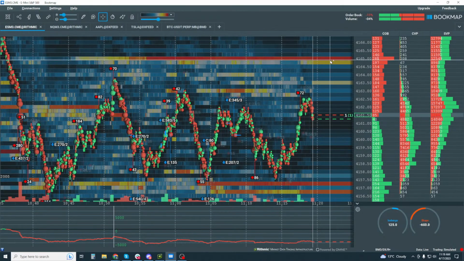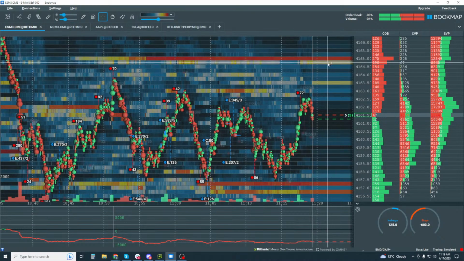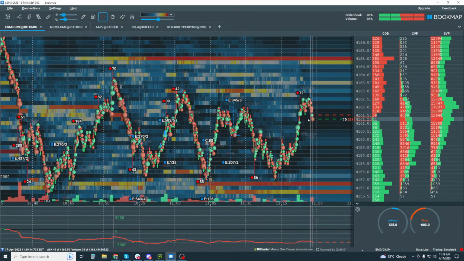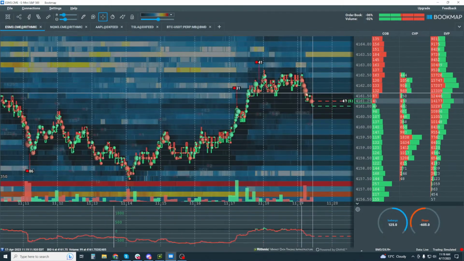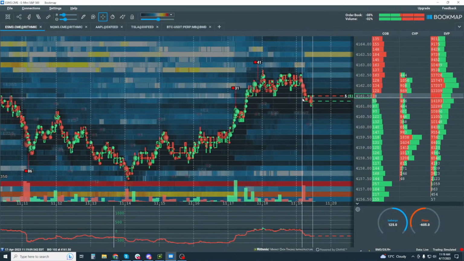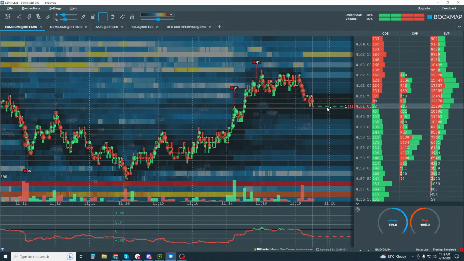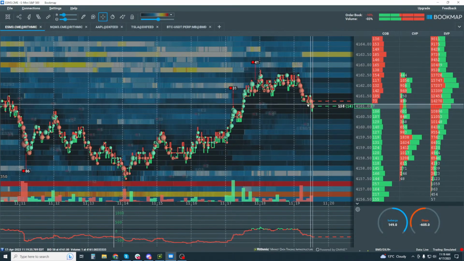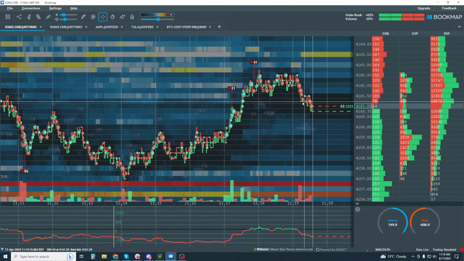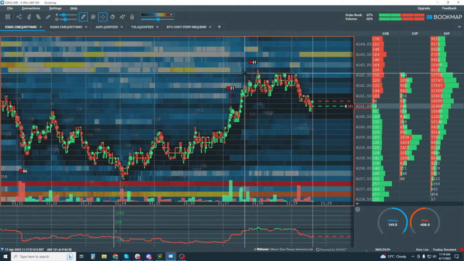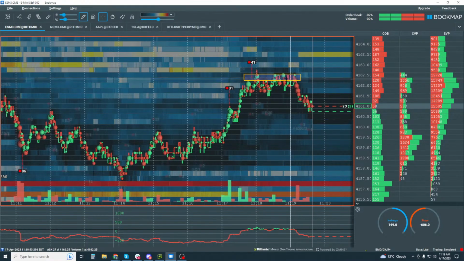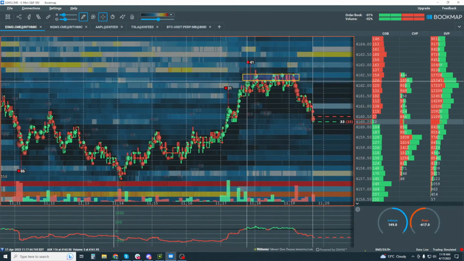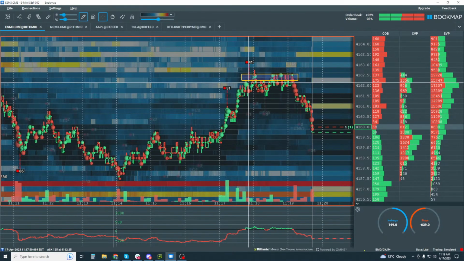Yeah, 65 looks good as a target if we can get these buyers to come in. Okay, so now here's a play, and let's just watch this here, because we didn't get a lot of buying up here. If we got a lot of buying up in here, that would be something different, I think.